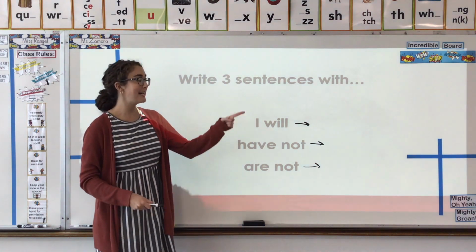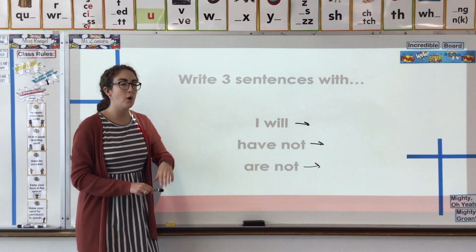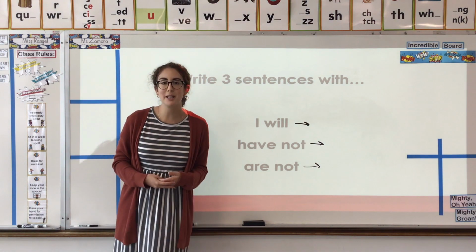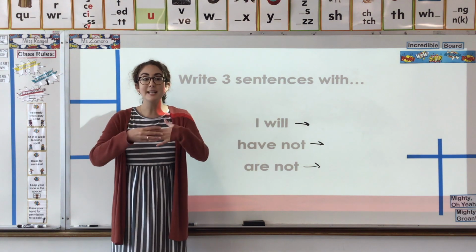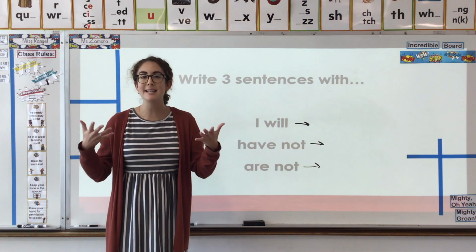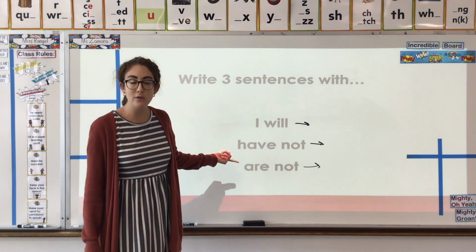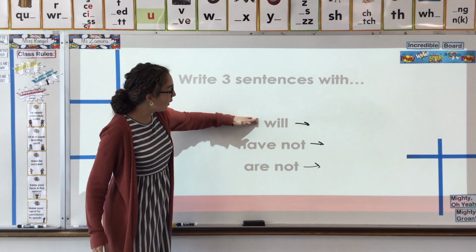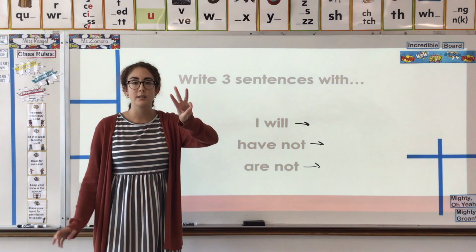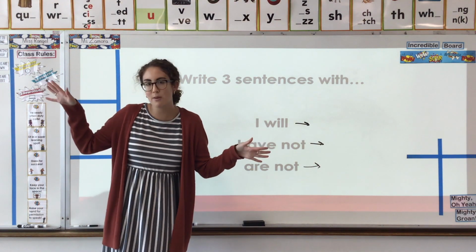You will have to identify this before you start writing your sentences, because you want to make sure you do it correctly. Just like we practiced those 2 times, you are going to write a sentence using these contractions. There's going to be 1 sentence per contraction, so 3 overall. They don't have to do anything with each other.